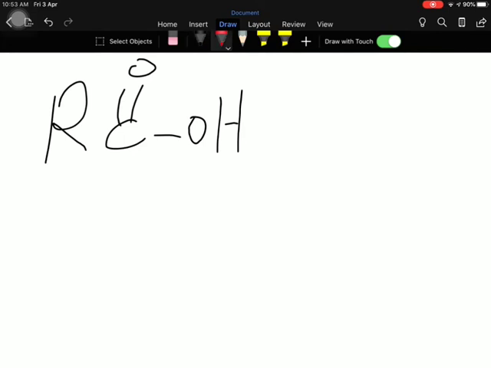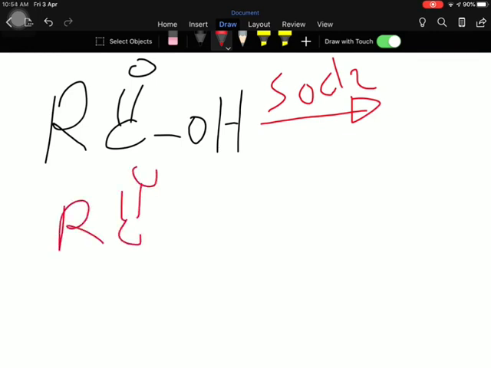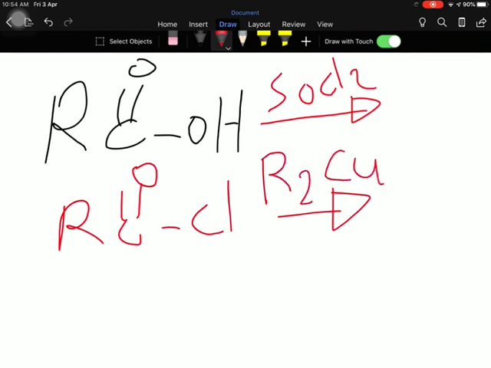First, we need to convert this one to the acid chloride by using thionyl chloride. Then we get RC double bond OCl. After that, we need to use the Gilman reagent, R2Cu lithium. Then we get the final compound, C double bond OR.